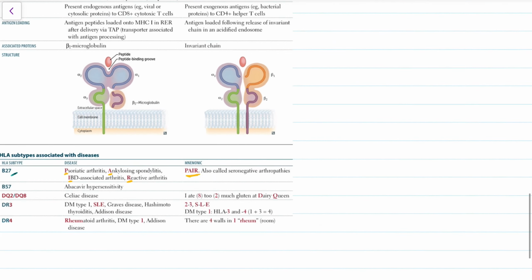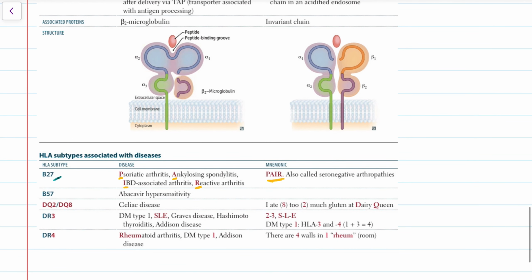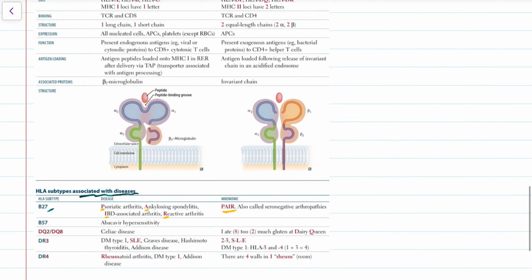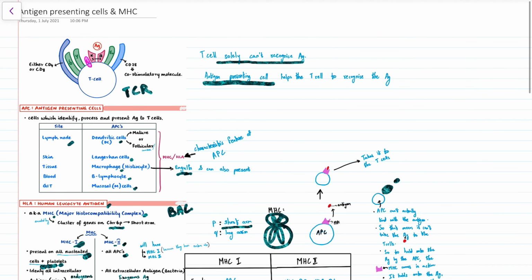So yeah, these are examples of the associated diseases. So this is about the antigen presenting cells and the MHC.